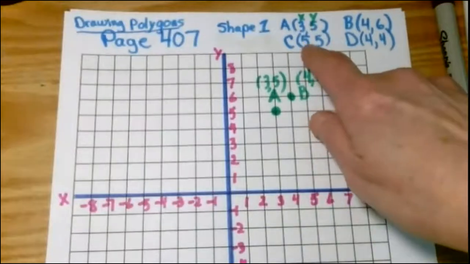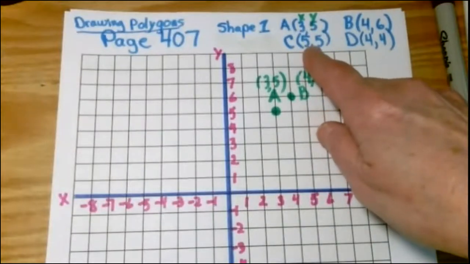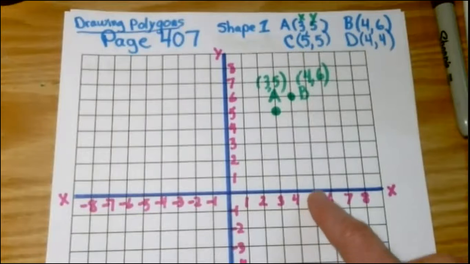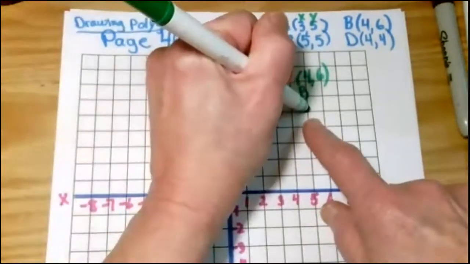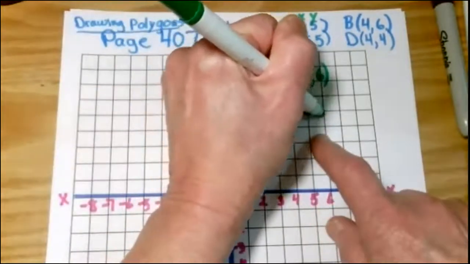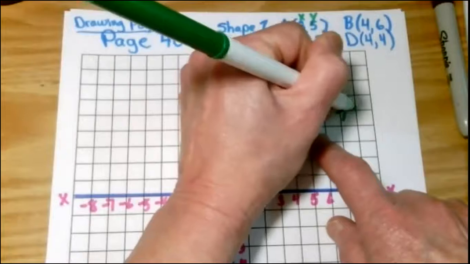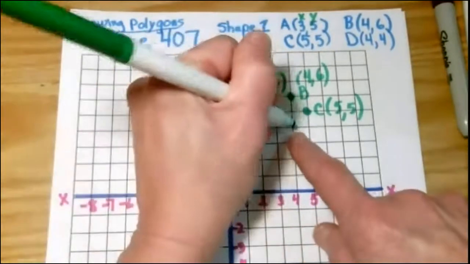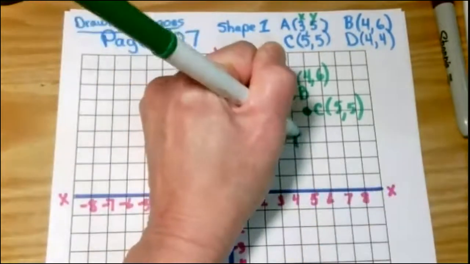Point C is 5, 5. 5 is my x value. 5 is my y value. Here is point C, and that's 5, 5. And then point D is 4, 4. Right here. That's point D.